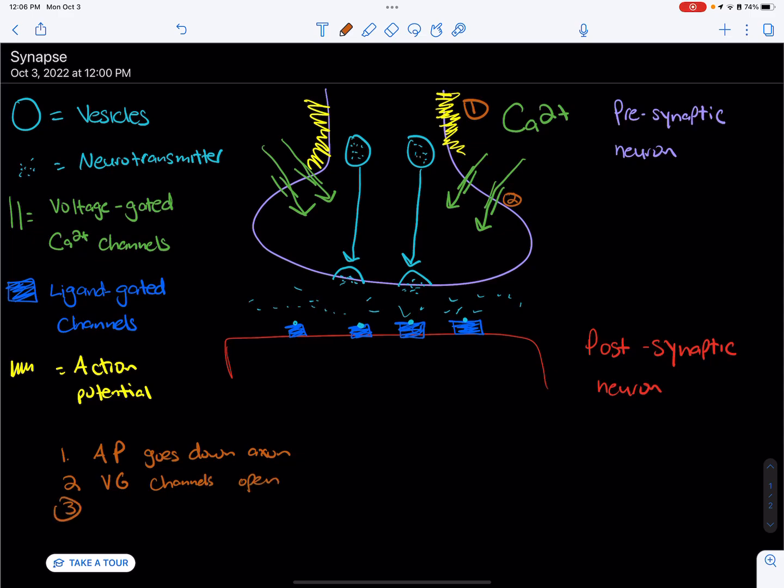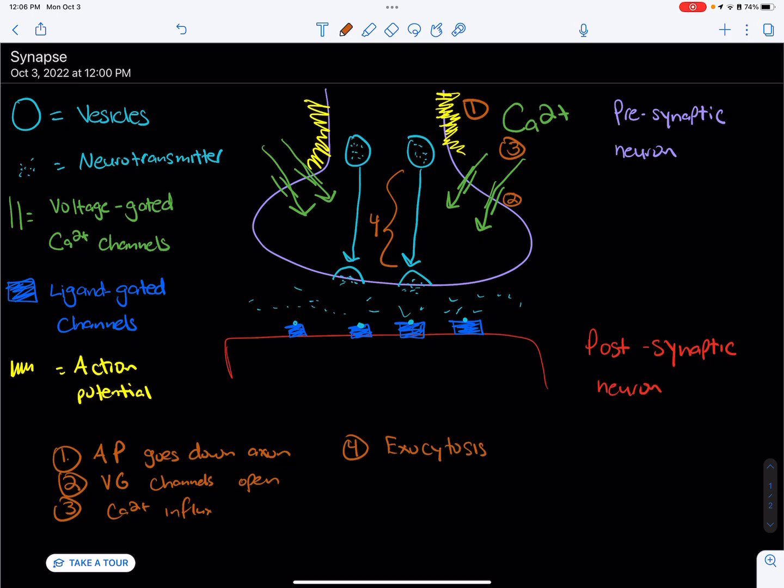And step three is calcium influx. I'm going to circle that, so this is 3 right here. And then 4, this whole thing: we have exocytosis, movement and release of the vesicles.